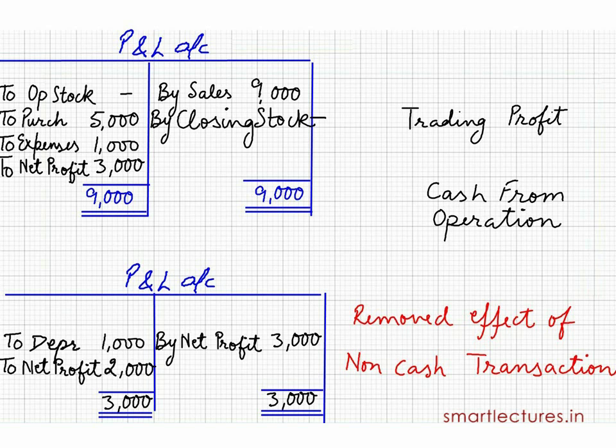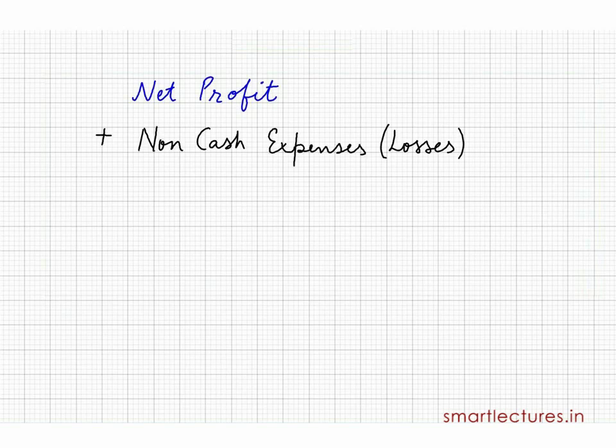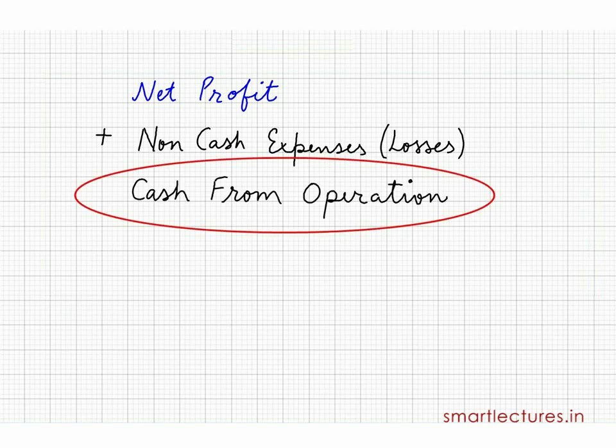So the best way is, if you are given a profit and loss account and you are asked to calculate cash from operation, take the net profit and add all non-cash expenses and losses which are found on the debit side, and that will be cash from operation.